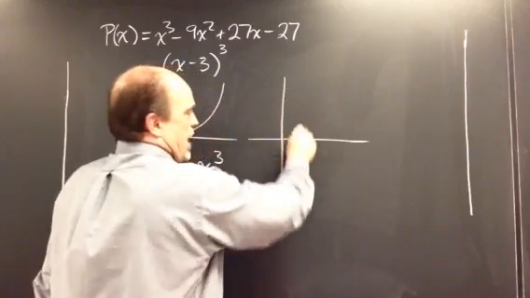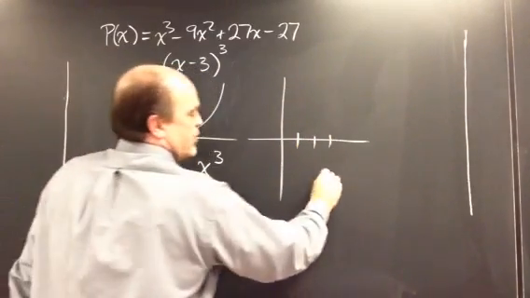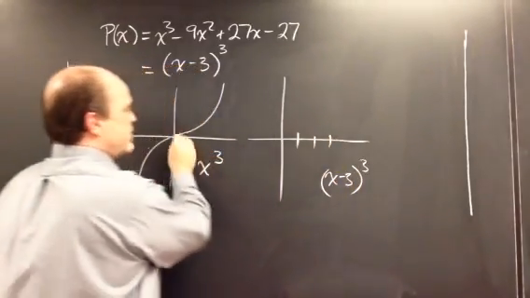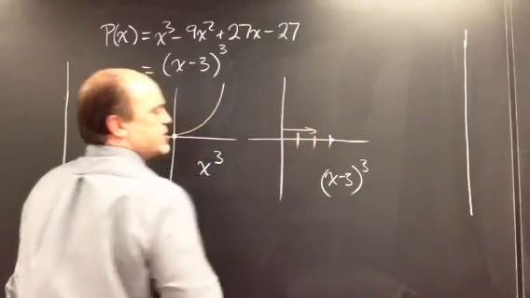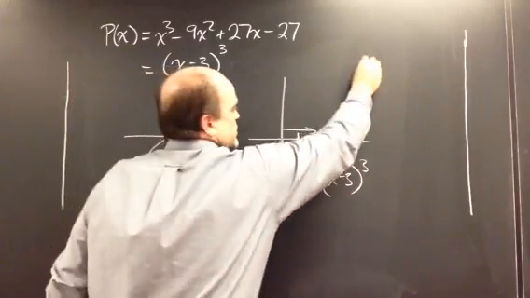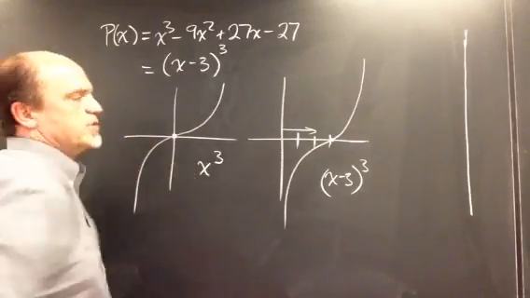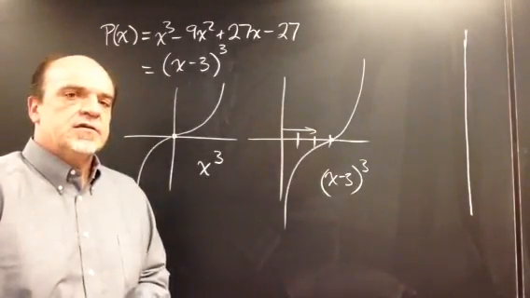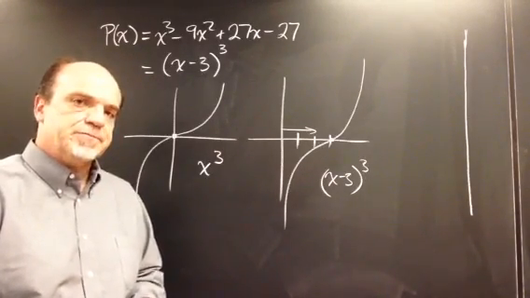So when we graph (x minus 3) cubed, instead of crossing through the origin, it's going to shift 3 units to the right, and it's going to look like that. We're familiar with this. We've seen this type of transformation before when we've talked about quadratics back in chapter 2.